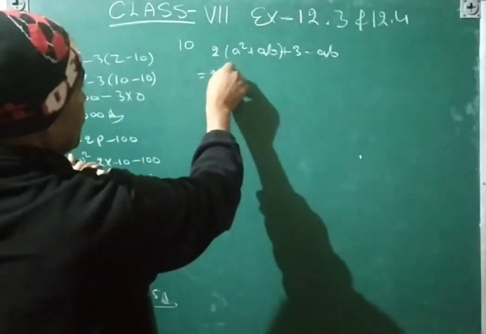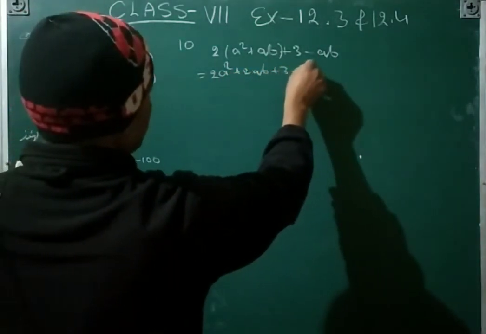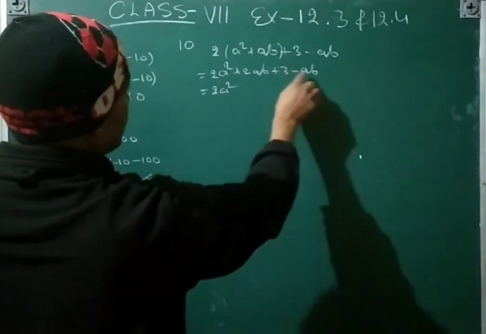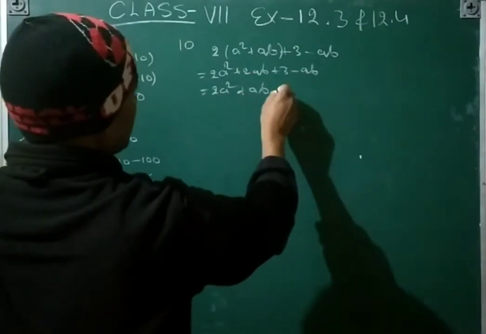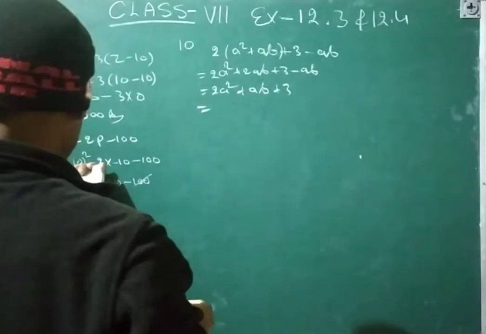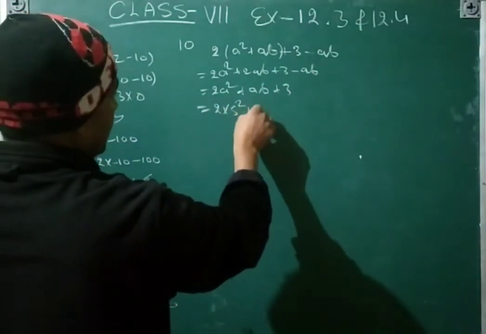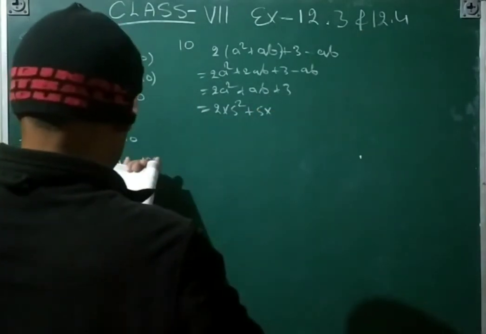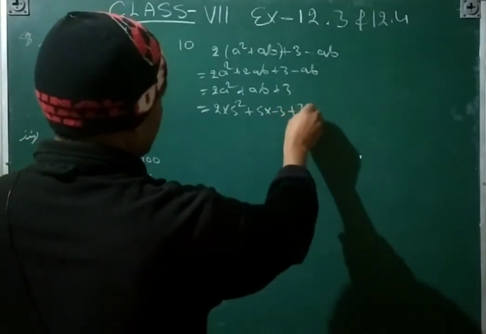So that 2a square plus 2ab plus 3 minus ab. And then 2a square, these two are like terms, so that will be ab, 2 less 1, plus 3. Now we will place the value. The a value is 5. So 2 into 5 square, and then plus 5 into the b value, which is minus 3. Minus 3, so plus 3.